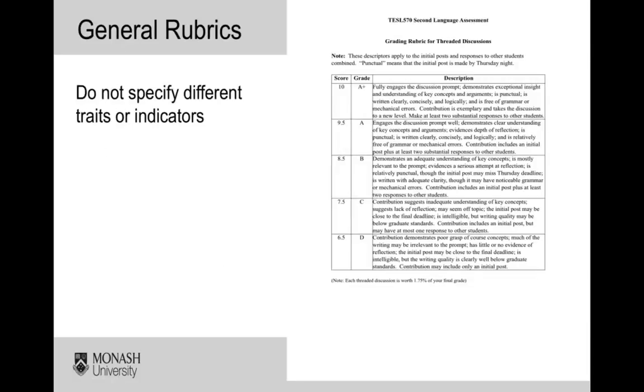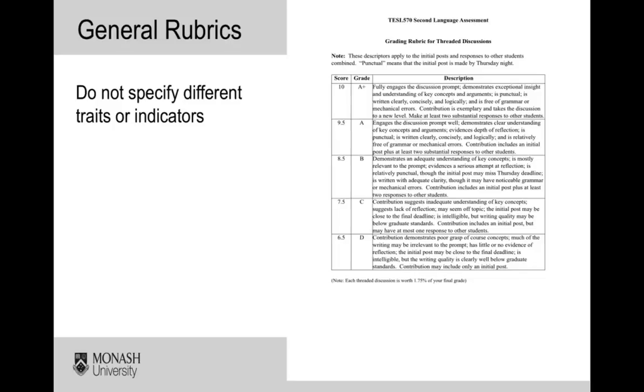General rubrics are the other type of rubric. It's not as specific, but it can be very helpful and makes marking quite easy. It doesn't have different traits, indicators, performance elements or criteria; the criteria are all lumped together. This is one that I used when I was in the States, so there's slightly different grading, and you don't have the HD.